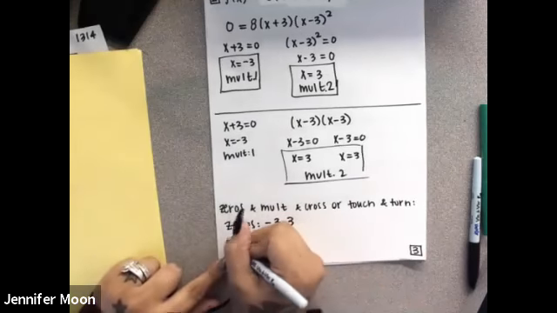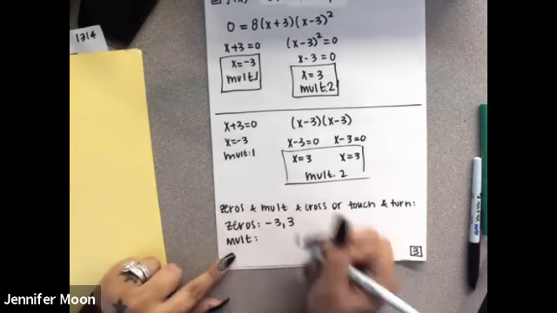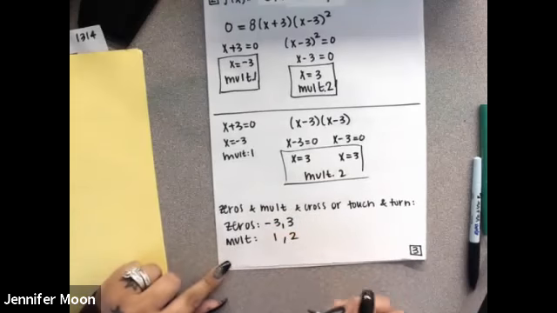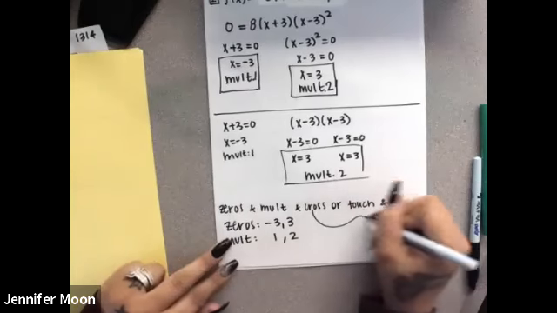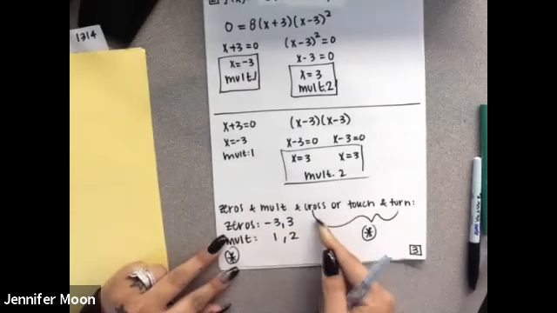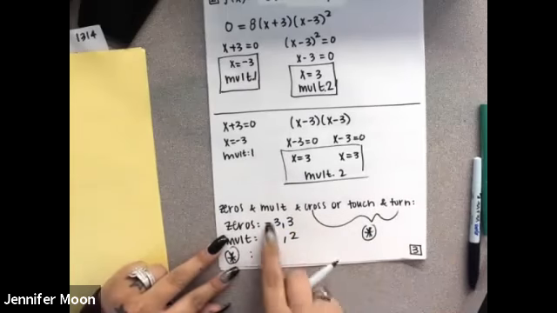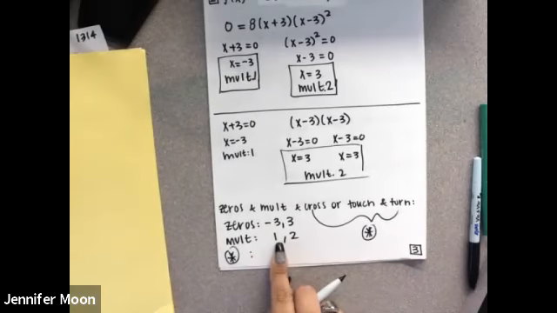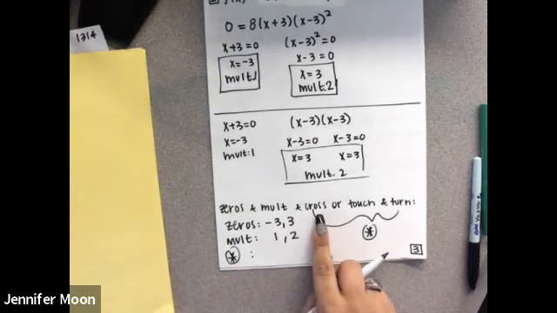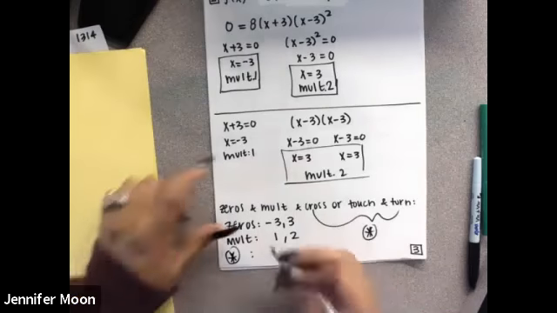My multiplicities, just lining them up under each other, y'all, I get 1 and 2. And then let's call this star. Whether or not it crosses or touches and turns, because this is odd, right? I already think of the number 1 when I think of odd. That's going to be that one direction it tells me to do, which is cross.